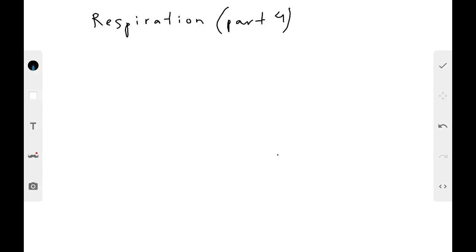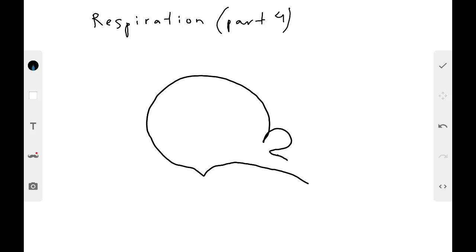So let's characterize the respiration center in the brain. We have the respiration center in narrow and wide sense. In narrow sense, the respiration center is located in the medulla oblongata, where we have separate groups of neurons, which we may call inspiration and expiration center.